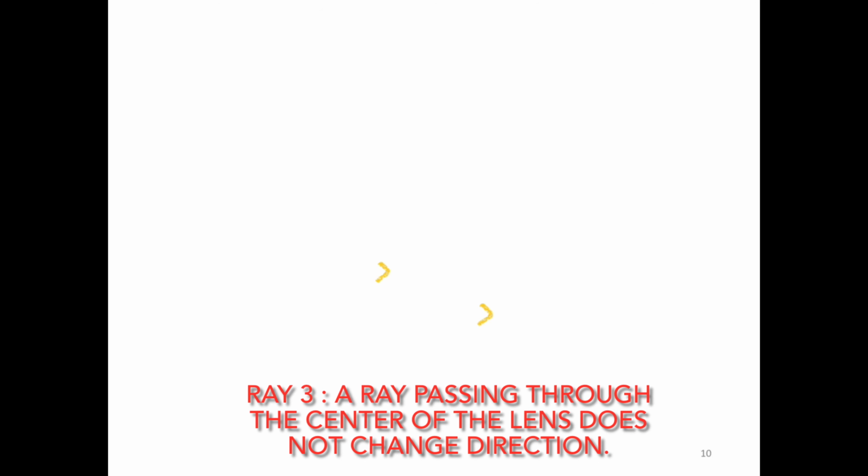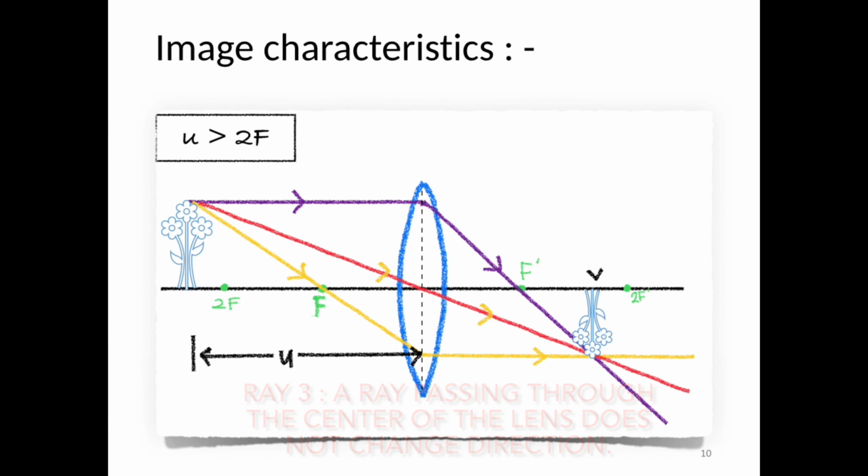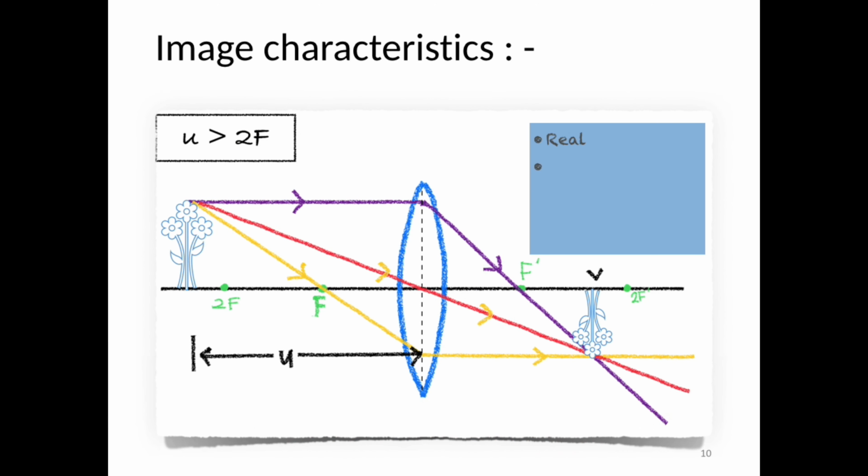As you can see from this diagram, the image is opposite to the object, so it is real, inverted, diminished, and located in between F and 2F.